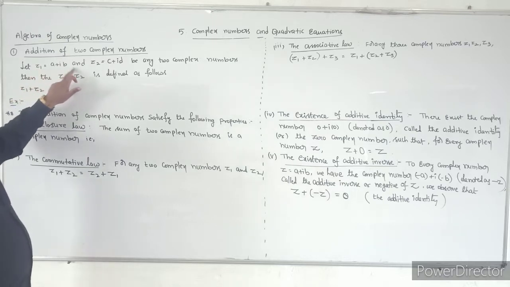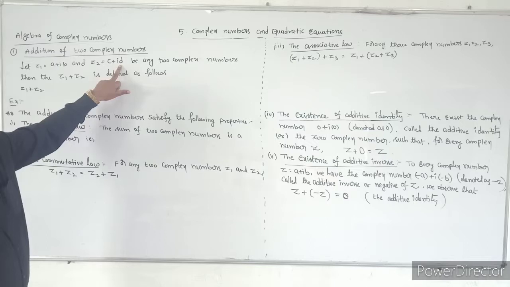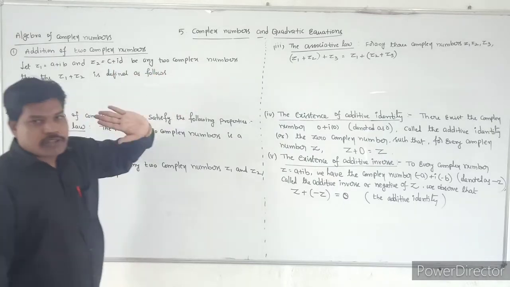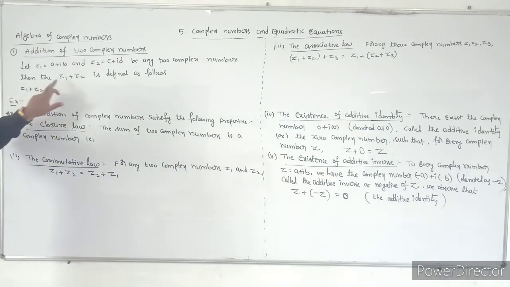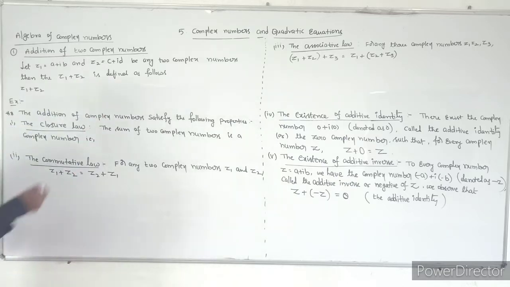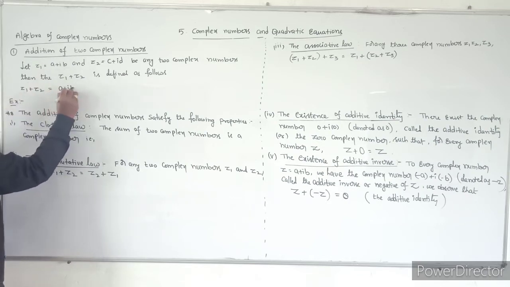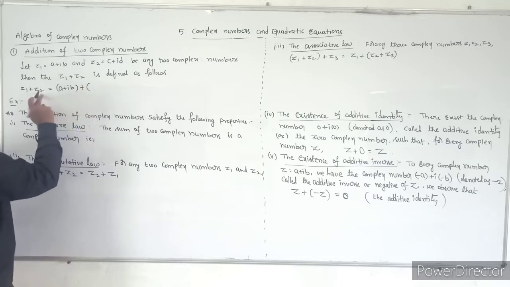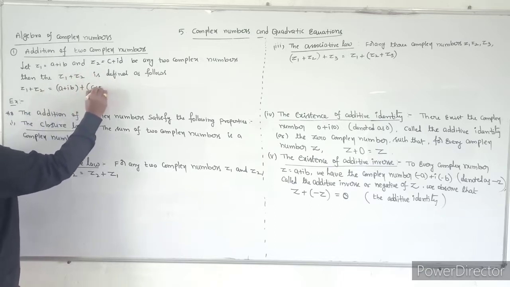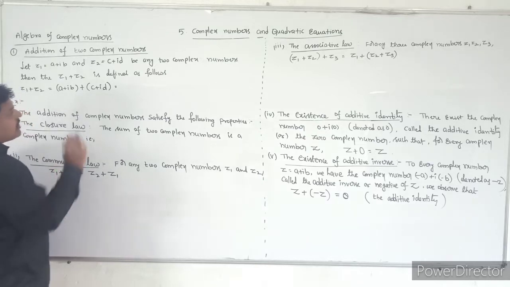Let z1 is equal to a plus ib be one complex number and z2 is equal to c plus id, any two complex numbers. Then z1 plus z2 is defined as follows. So what is the meaning of z1 plus z2? z1 is a plus ib, plus z2, which is nothing but c plus id. So what do we have to add first?